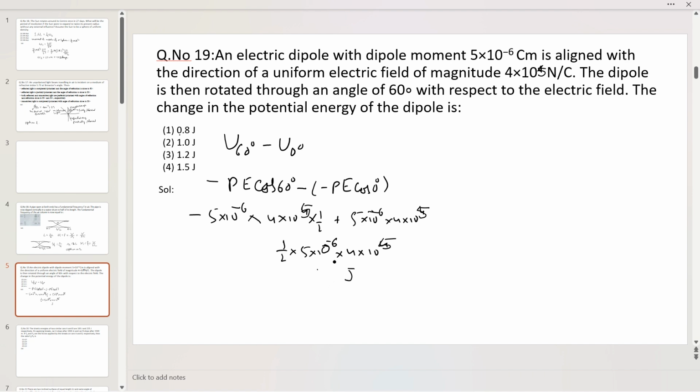So this will be 10 to the power of minus 6, 10 to the power of 5. This will come out to be 1 joules.